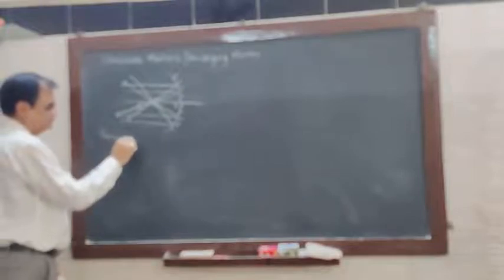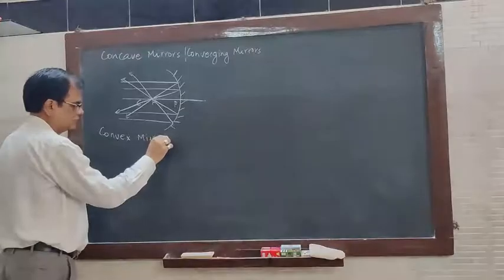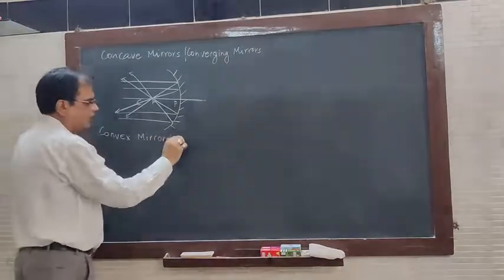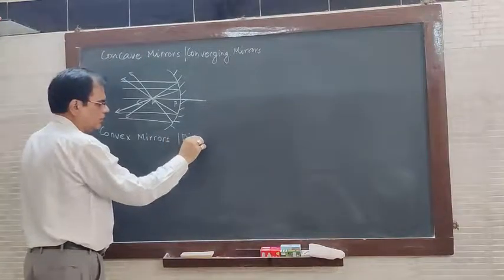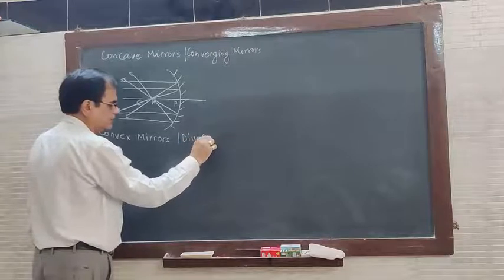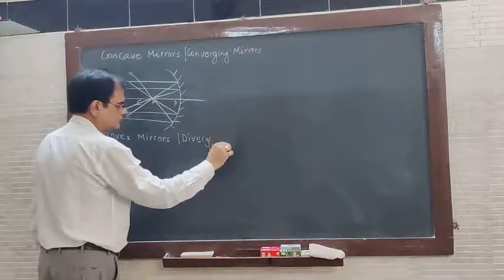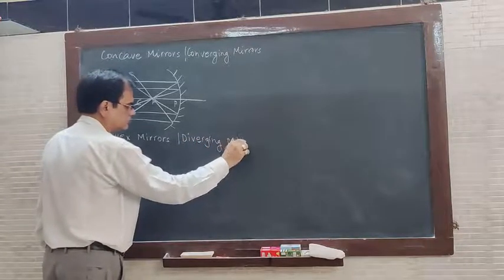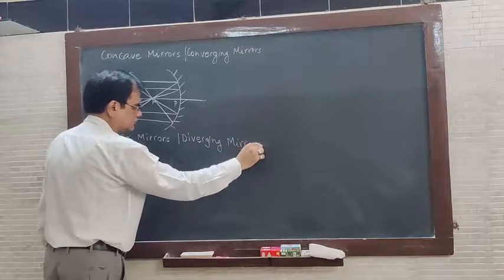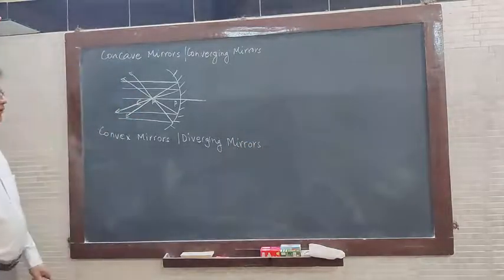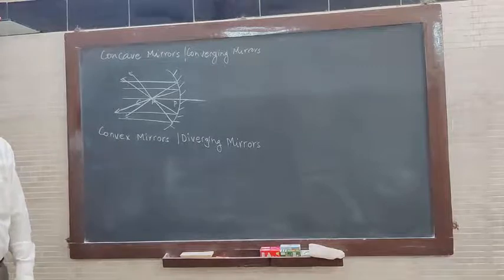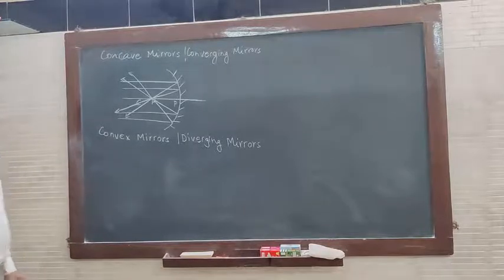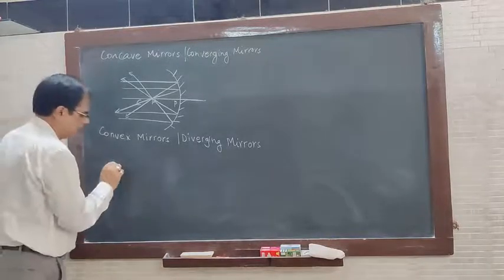Then convex mirrors. Convex mirrors are also called diverging mirrors. Now, why are they called diverging mirrors?